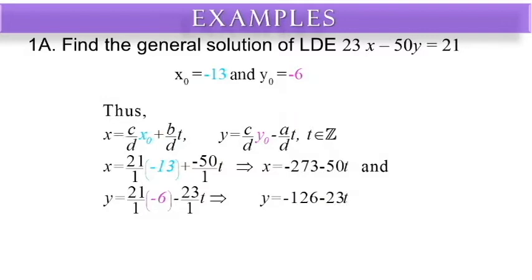So we have y is equal to negative 126 minus 23t. Therefore, our general solution is x is equal to negative 273 minus 50t, and y is equal to negative 126 minus 23t.